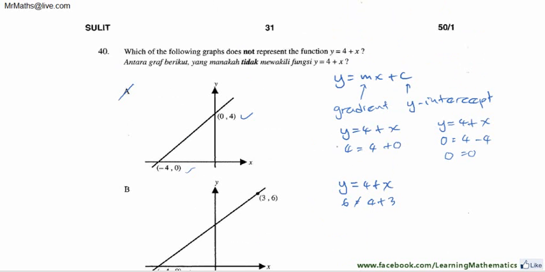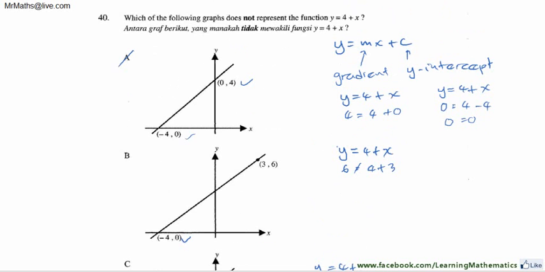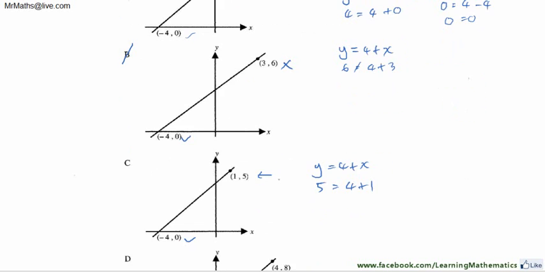Oh, okay. Which one does not represent? So the answer is not A then, huh? We're not looking for the one that matches that equation, but we're looking for the one that does not match. So B is the answer because B is wrong, because this point is wrong. C is right.